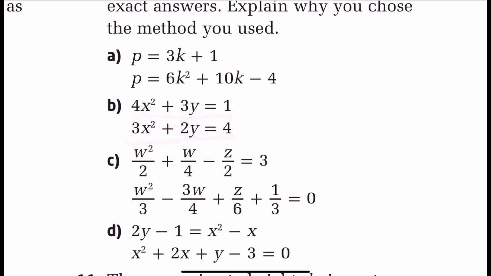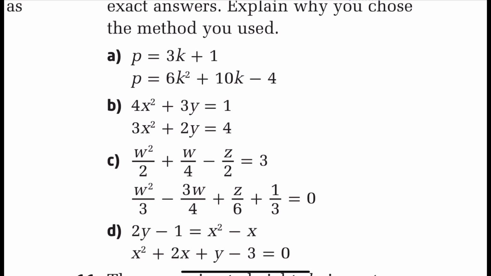Can you see these two are mostly related to each other? So if I multiply this by 2 and this by minus 3, I will be able to cancel them out. So let us do this.